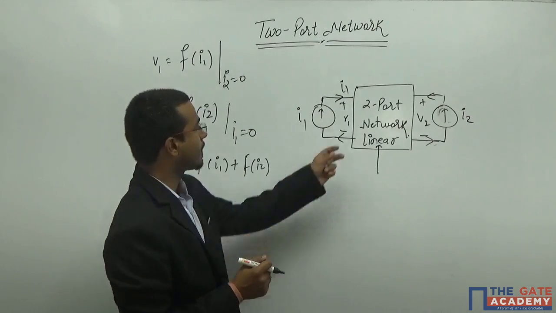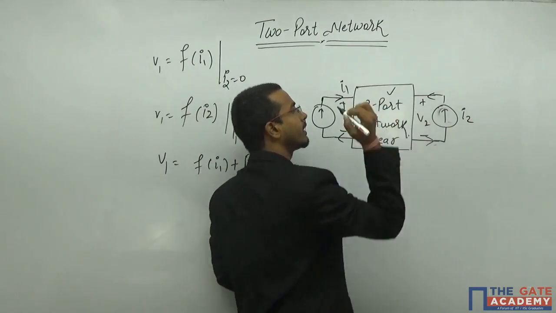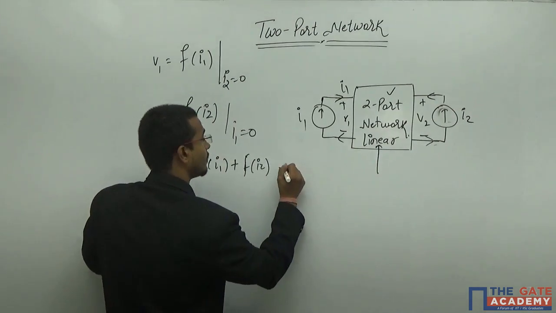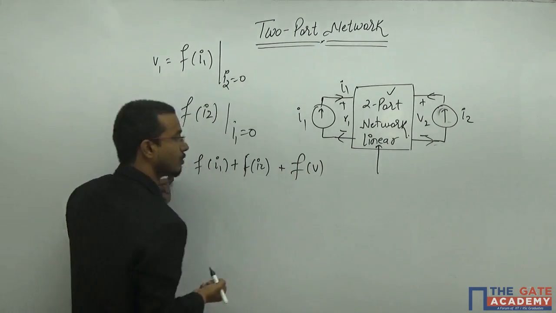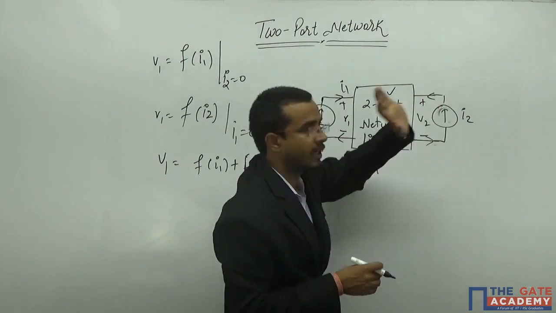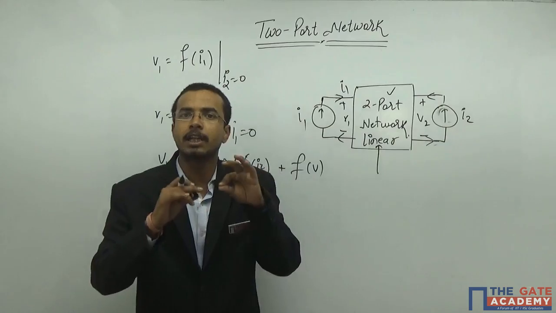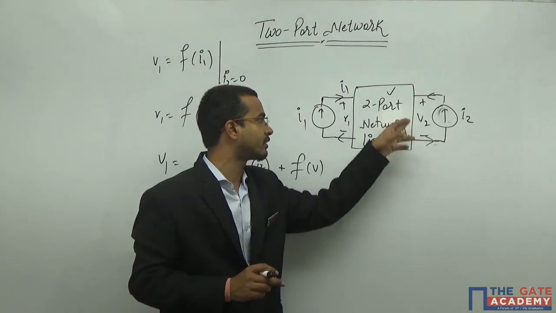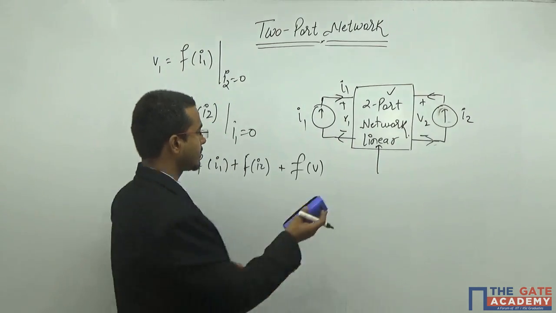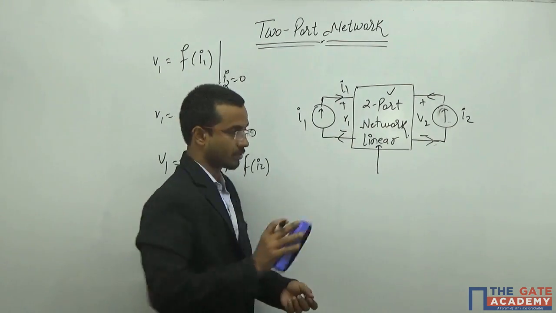Because what will happen: if any other independent source V also exists on this side, then you will get plus a function of V also. But I am interested only in this particular current response and this particular current response. That means any other independent source is not allowed inside this black box. Okay.